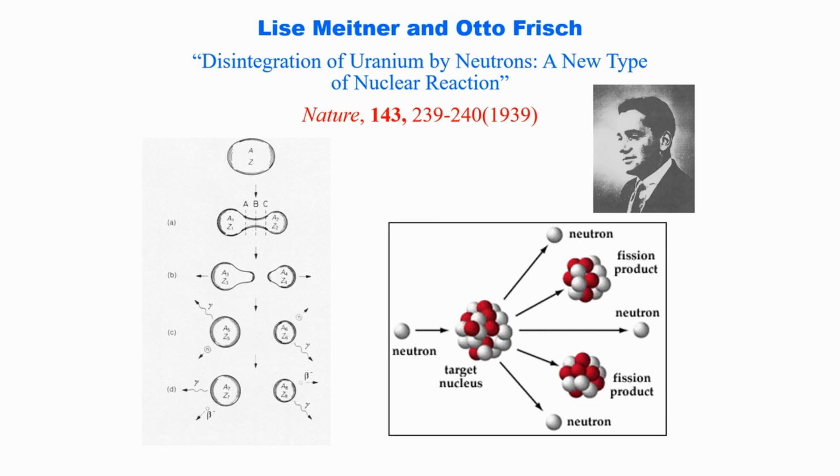And all they did for that week around Christmas was talk about the results that Otto Hahn had sent to her. And as a result, because Otto Frisch was at that time working with Niels Bohr at the Niels Bohr Institute, he understood the idea of what is called a liquid drop model.